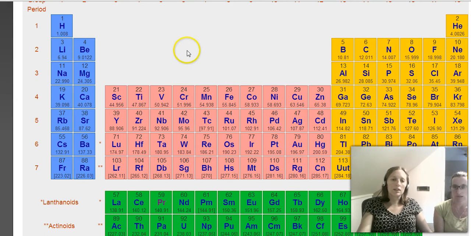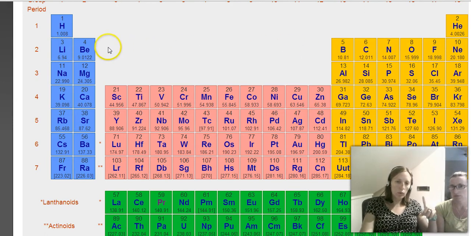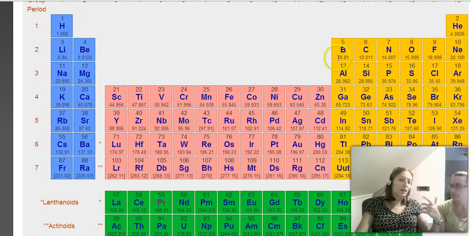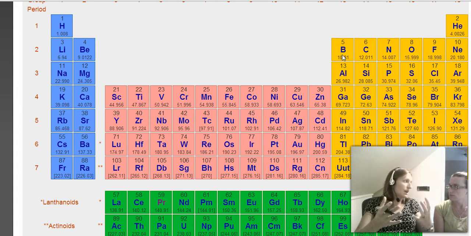And the reason for that is because when you're moving from lithium to beryllium to boron, you're adding a proton and an electron every time you move. And every time you add a proton, you're increasing the charge of the nucleus, which is making it harder to pull those electrons off.